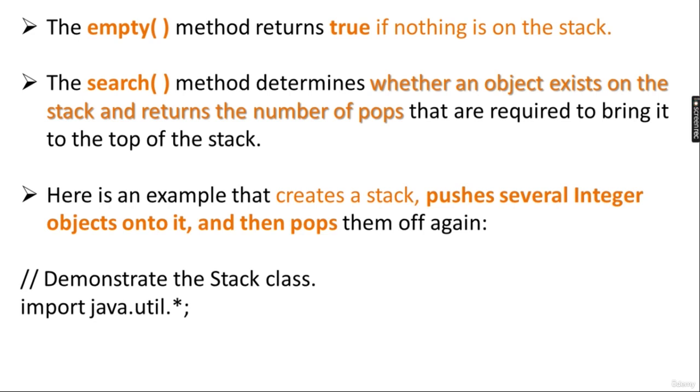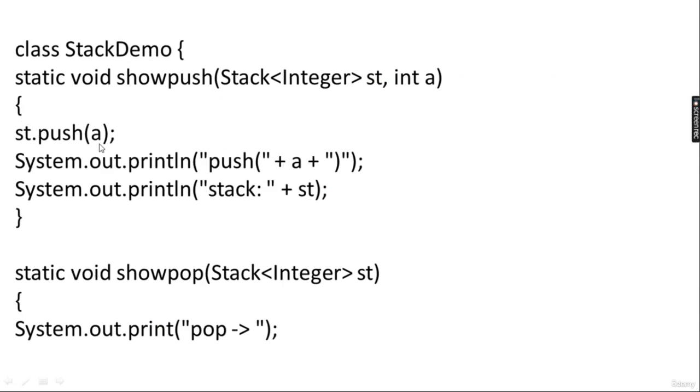Okay, here is an example that demonstrates push and pop. Important thing, java.util, you have to import. Then pushing an element, Stack<Integer> st, show push method. The stack is over here and element is a. Push a, after it is pushing, it is displaying and also displaying stack.